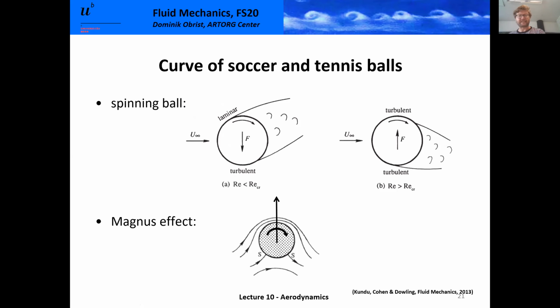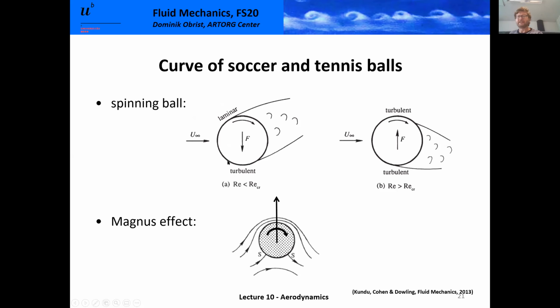Now with the spin, as it is indicated here, the flow is accelerated here, which makes the relative velocity between the ball and the flow lower. So the flow will certainly remain laminar, whereas at the bottom side, the ball surface is opposing the velocity of the fluid. So the relative velocity at the wall is higher.